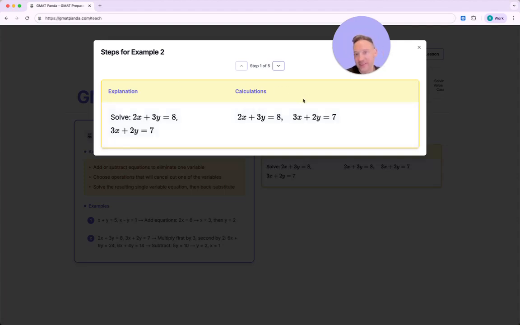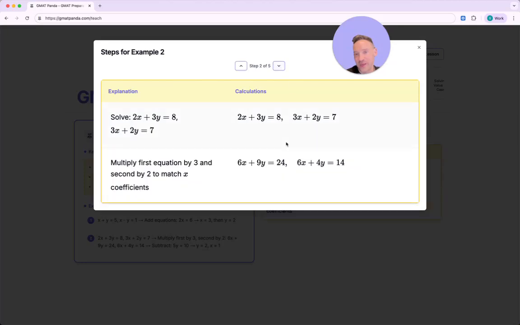Whereas here, what we're doing is we're multiplying the first equation by 3, and we're multiplying the second equation by 2. So when we multiply the first equation by 3, we're multiplying the left by 3 and the right by 3. And we're allowed to do that because remember that in an equation, if you multiply the left and the right by the same thing, the equation still stands.